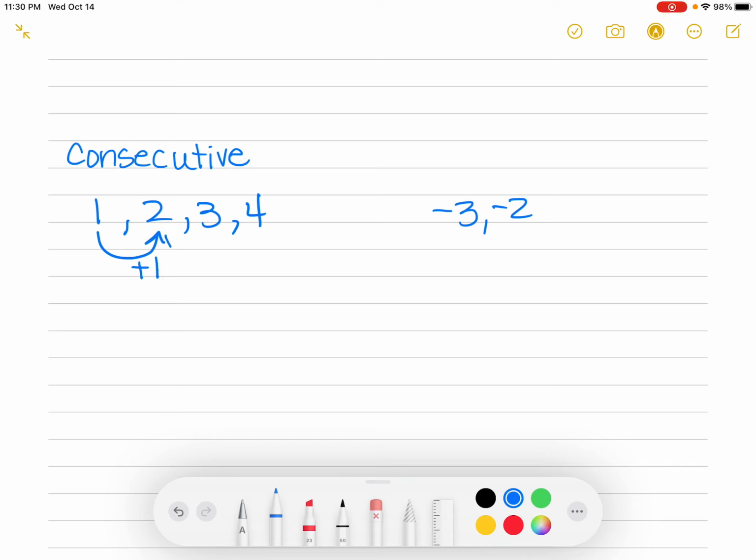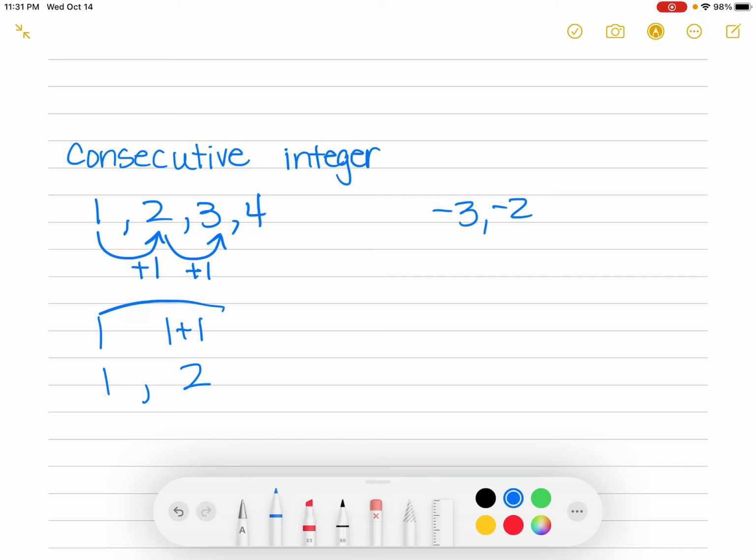And to get from this number to this number, I'm going to add 1. So a consecutive integer means I'm going to add 1 to get the next one. If I have 1, then to get 2, I would do 1 plus 1, right? So that means I have 1 and 2.